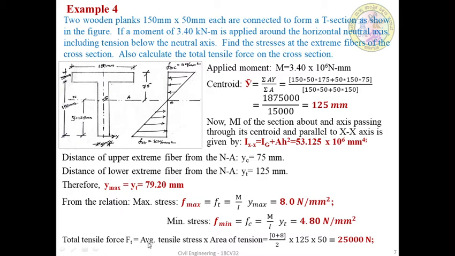Therefore, force is equal to average tensile stress multiplied by area. The average tensile stress is 0 at this point and increases gradually to 8 at the farthest bottommost layer, so 8 divided by 2, multiplied by the area covered by the tensile zone. It is 50 mm the width and the depth is 125 mm. We got that the tensile force in the tension zone is 25,000 newtons or 25 kilonewtons.